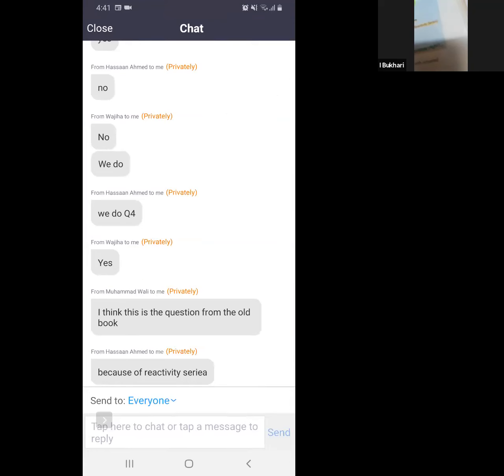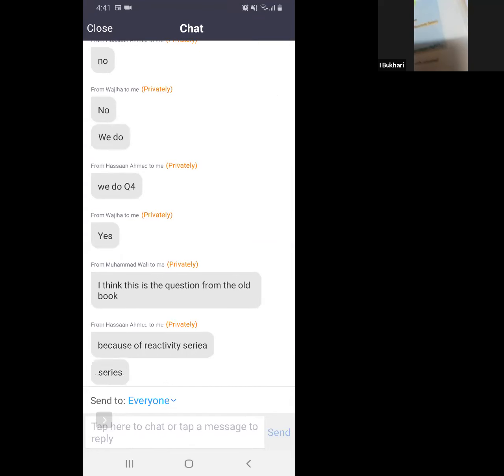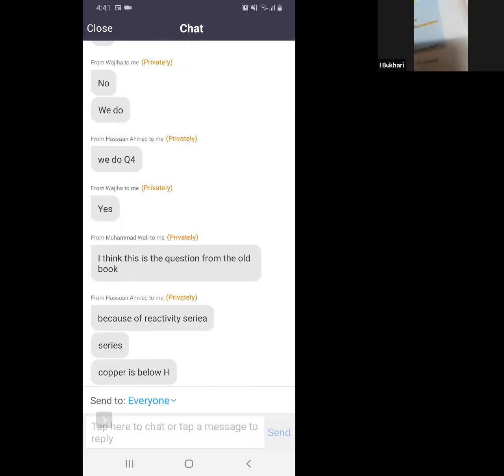Because of the reactivity series. You will say that copper is less reactive than hydrogen, so it cannot displace hydrogen out of sulfuric acid, and therefore cannot make copper sulfate.